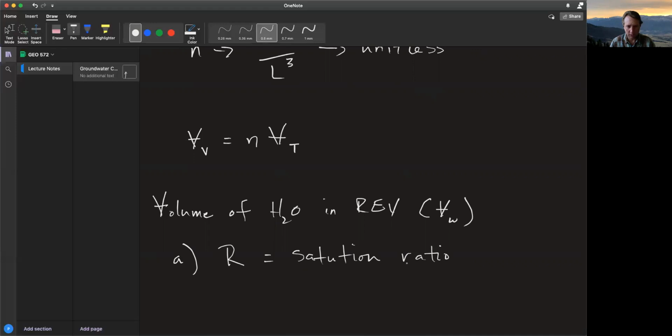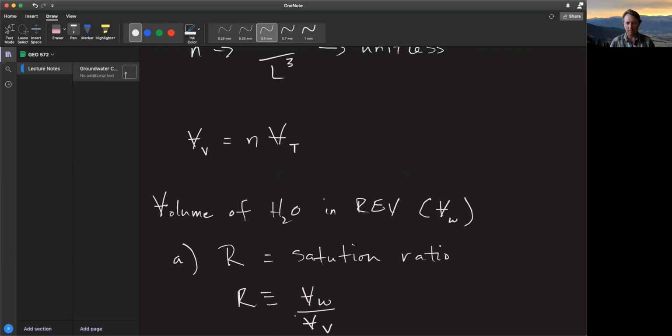All right, and the saturation ratio R is the volume of water divided by the volume of voids.